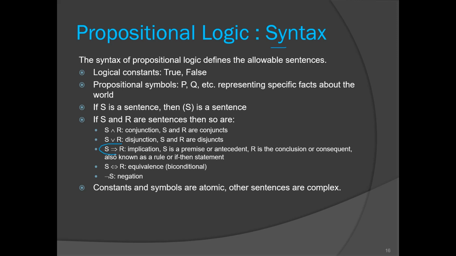There we saw that if S and R are sentences, then S implies R is also a sentence. In this implication, S is a premise and R is known as a conclusion. So remember, whatever is the left part of the implication is known as a premise, and the right part is known as a conclusion.